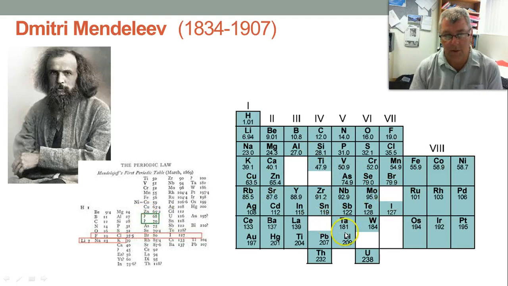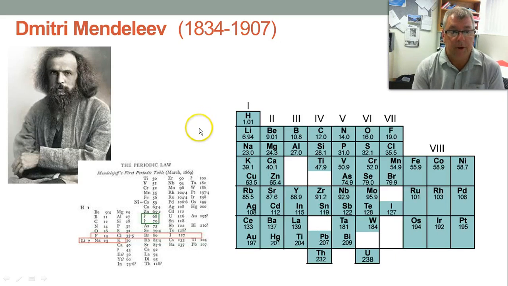Chemists could then use that as a way of trying to find these new missing elements, and they did, and there was a hunt on to find all the missing elements in the periodic table, until it got to the stage where we are now.